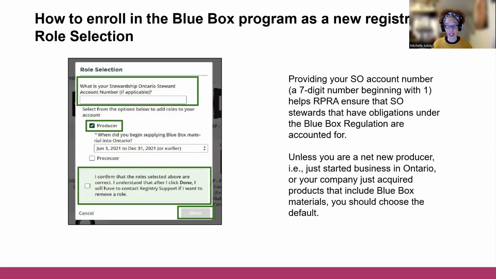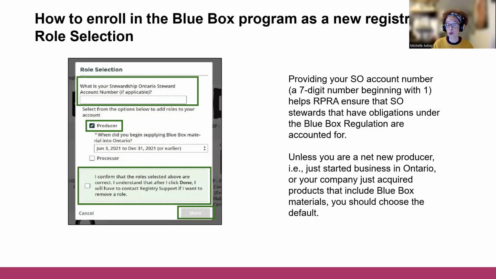The portals do not connect, but you can use the information that you reported in the spring as a start for your RPRA reporting. I say as a start because it really depends on your case. There are significantly more obligated materials in the new Blue Box regulation compared to the old WDTA program.